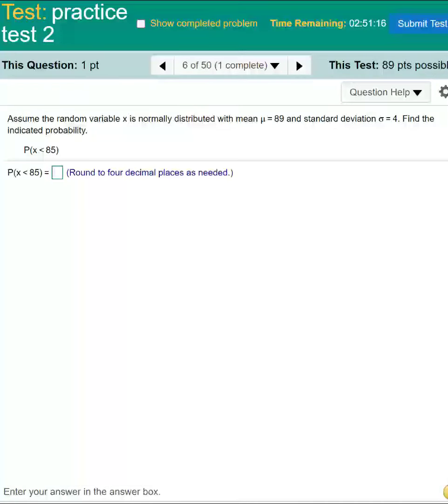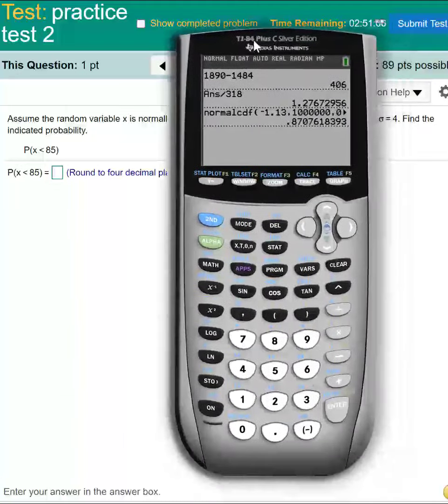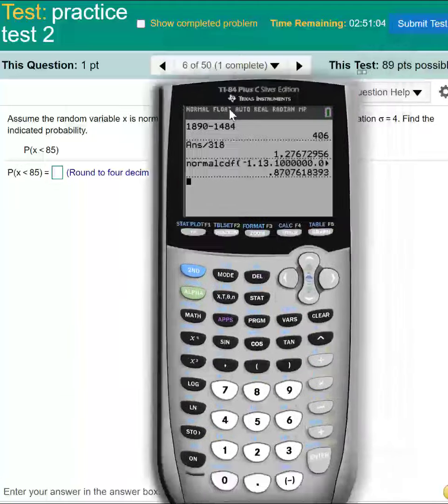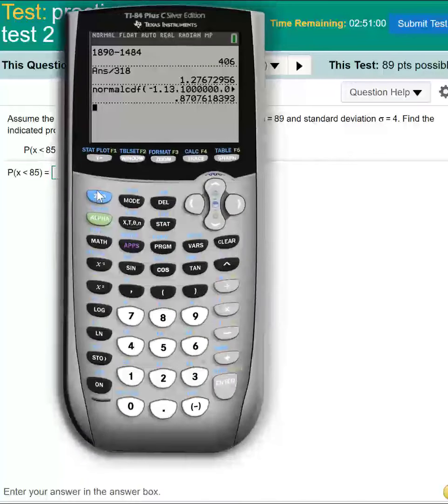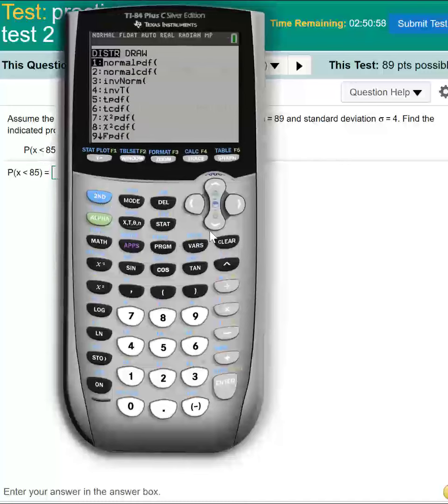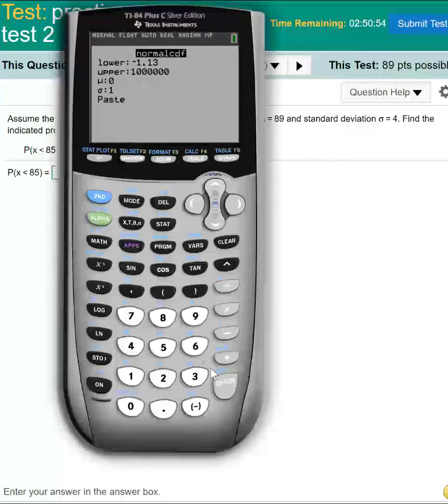Assume that the random variable x is normally distributed with a mean of 89 and standard deviation of 4. Find the indicated probability. Again, it's a normal CDF. So we need the probability of x less than 85. So there will be second and variables, normal CDF. Okay, less than 85, so negative a million.